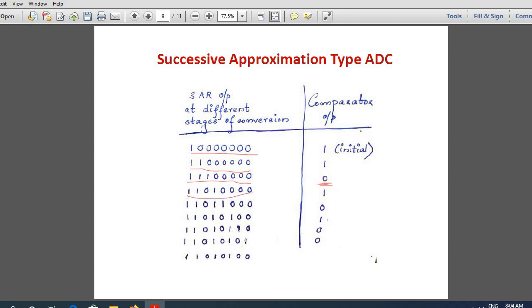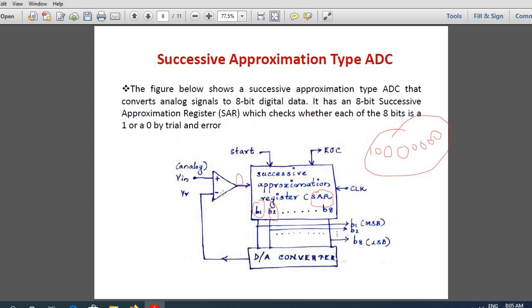The third bit I had set, I will reset it to a 0, and then the next clock will be given to set my next bit. So 3 bits have been checked. Now I am going to check my 4th bit. It will be again set to 1, and that code will be converted and checked with the analog voltage.